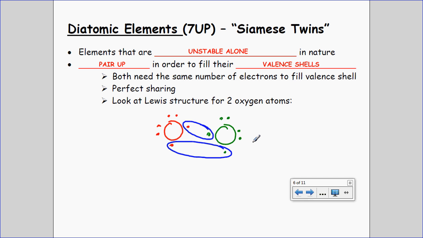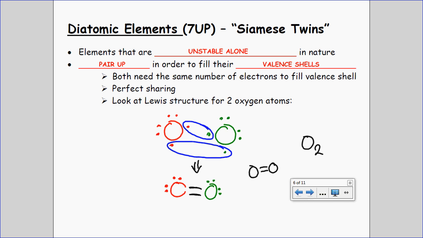And as a result, we get a situation that looks like this: 2 oxygens connected like this, and we'll draw 2 solid lines in between to show that they're connected by 2 bonds. There are many ways to draw an oxygen molecule. All of them are acceptable.